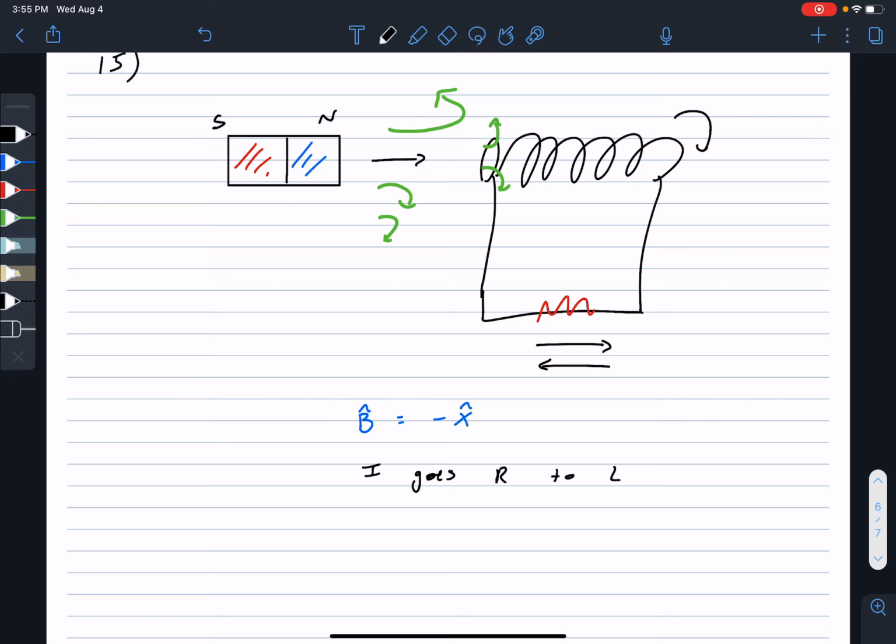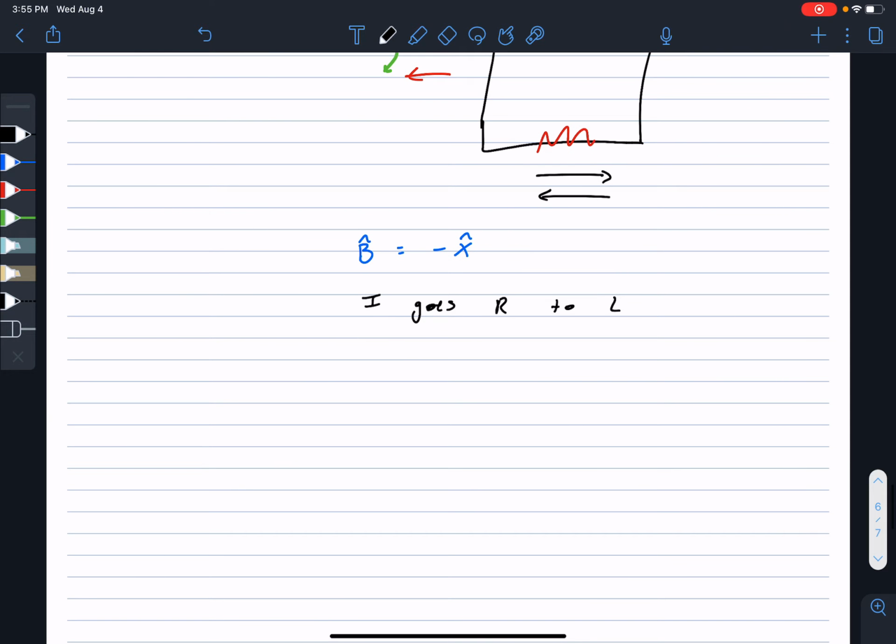And so to account for that change, there's going to be a B field pushing in the opposite direction because the change is this way. So now we have a B field pushing towards the right. And again, if we use the right hand rule, it's going to be sending the current the other way. And so it's going to go from left to right through the resistor. So we had a magnetic field that was pushing towards the right, which induced a current that went from left to right through the resistor.